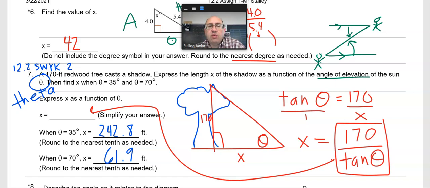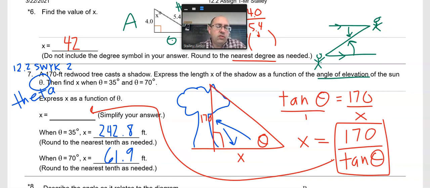So in this case, they want me to find an equation that will identify x. Well, opposite, adjacent, that's tangent. So tangent of theta is 170 over x. Well, they want me to solve that equation for x. Okay, I can do that, right? Cross multiply. I get x equals 170 over tangent theta. And that's what's going to go in that first blank. They've already got the x equals part.